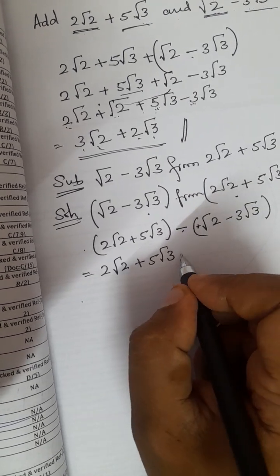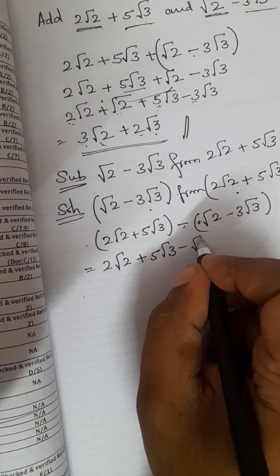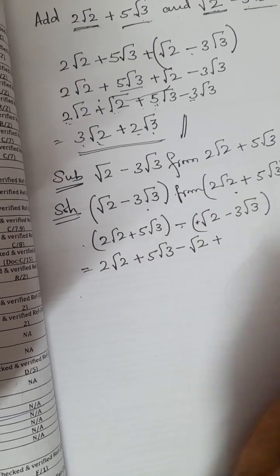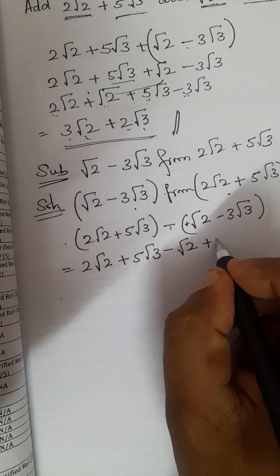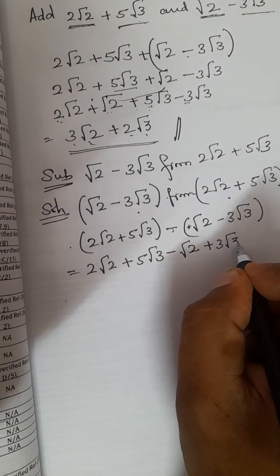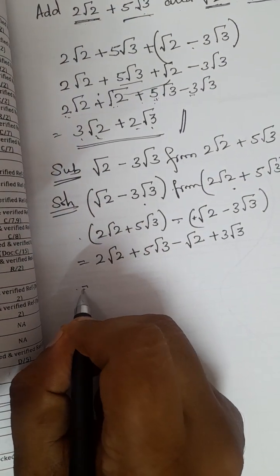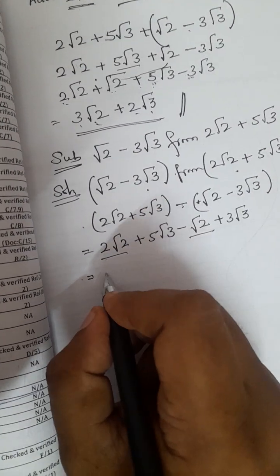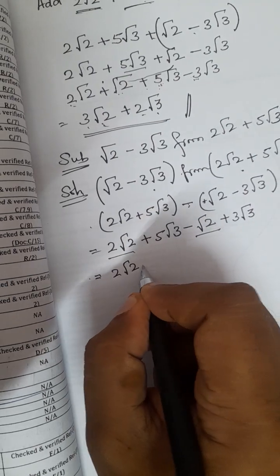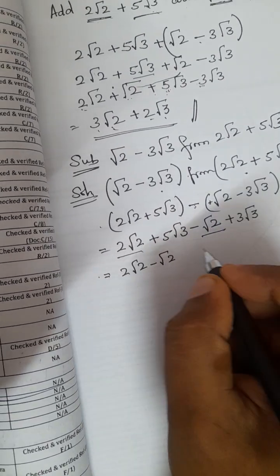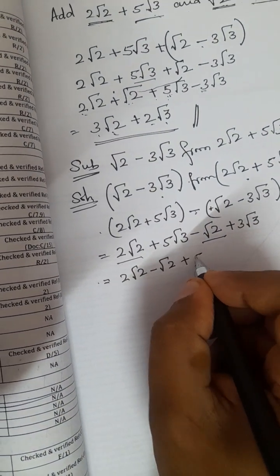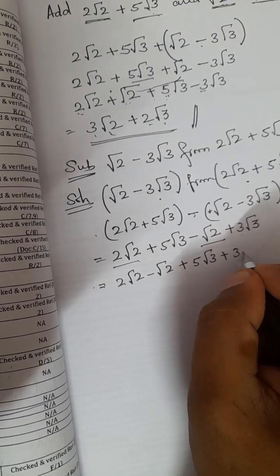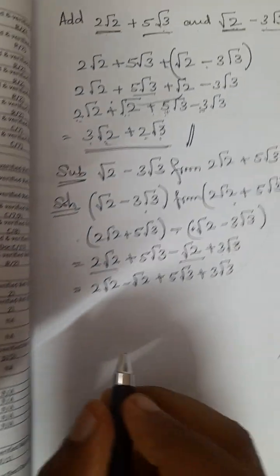Minus into plus is minus root 2. Okay, minus into minus is plus 3 root 3. So this is equal to, again, grouping of the like irrational numbers. I'll group these two. 2 root 2 minus root 2, then plus 5 root 3, another plus 3 root 3.